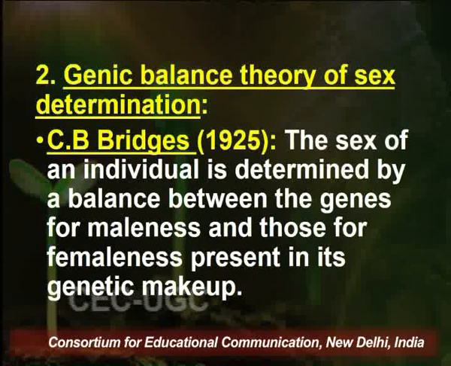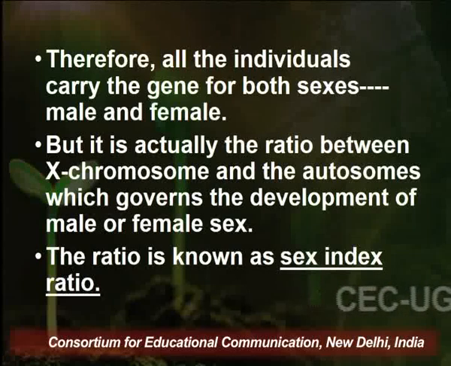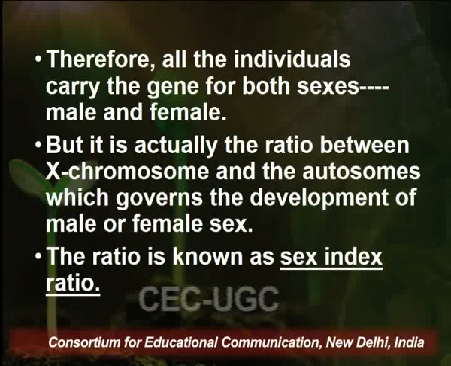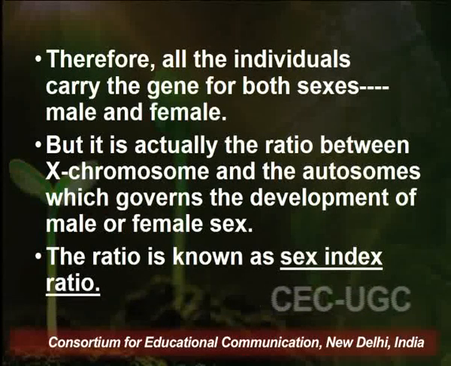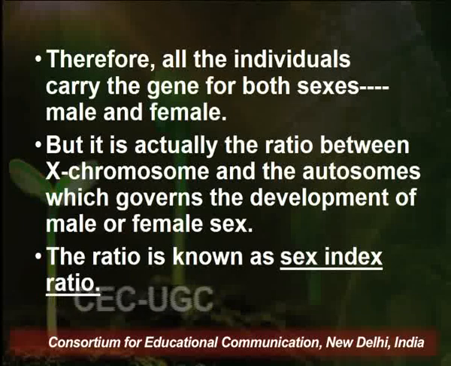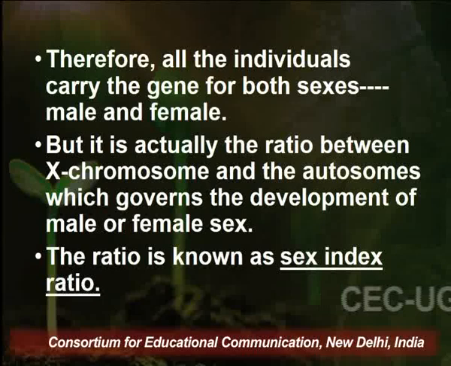So it's a kind of balance. Individuals carry the genes for both sexes, and it is the ratio between the X chromosomes and the autosomes which governs the development of the male as well as the female sex. This ratio is called the sex index ratio.